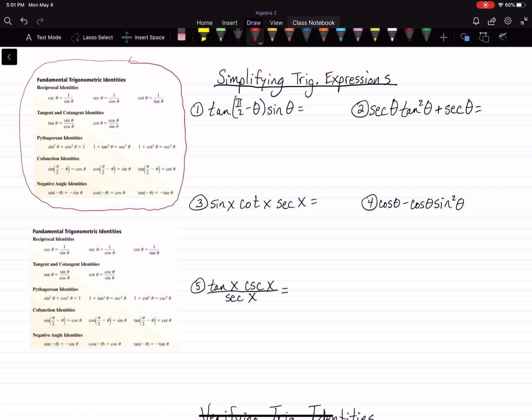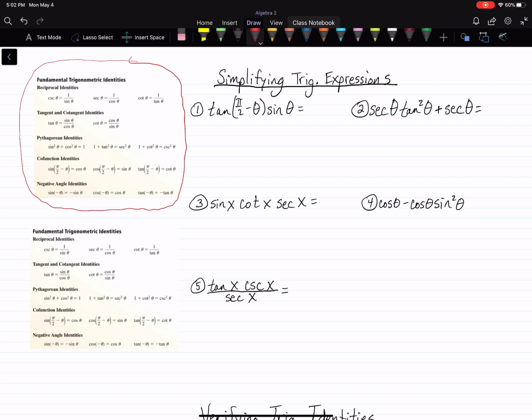On number one, they've given the tangent of pi over 2 minus theta times sine of theta. There are a few suggestions as to how to work these problems. One is to change everything into sine and cosine. Another is to look at what you're given.